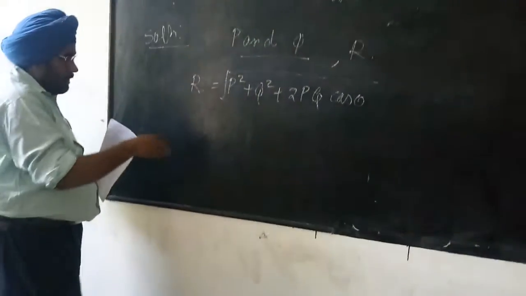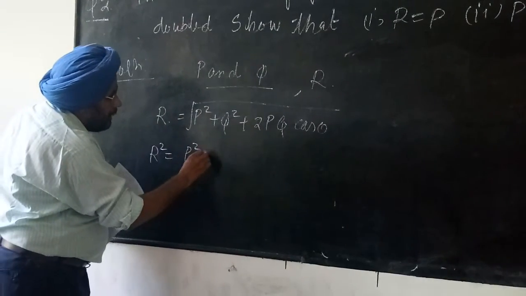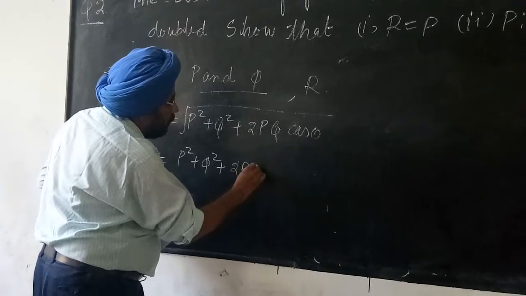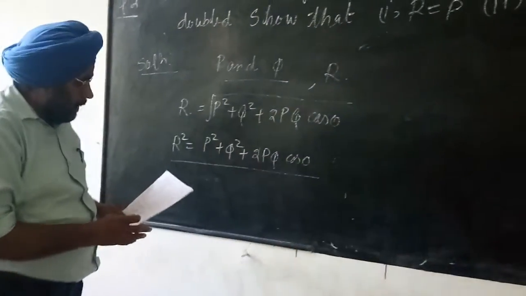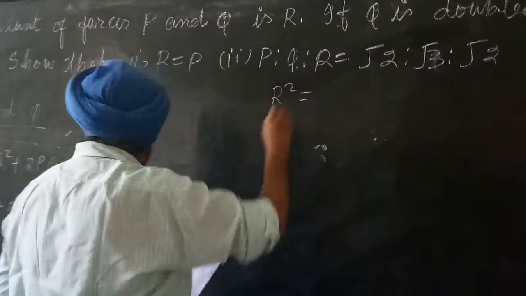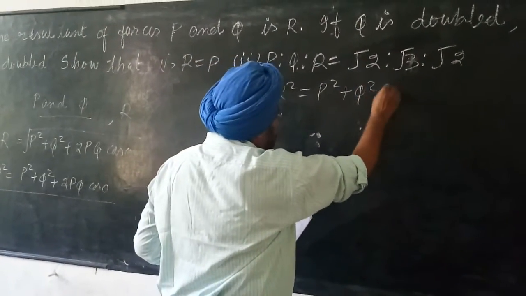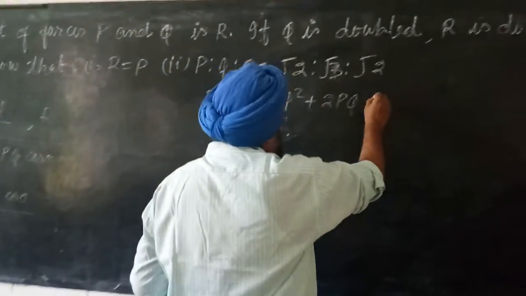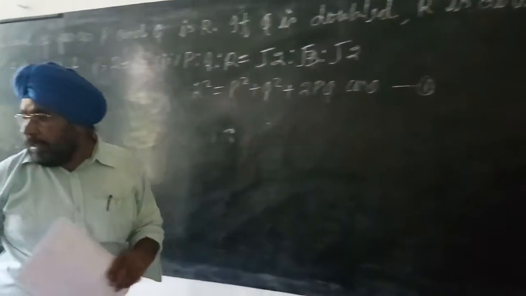Squaring, R square is equal to P square plus Q square plus 2PQ cos theta. This is our equation number 1.